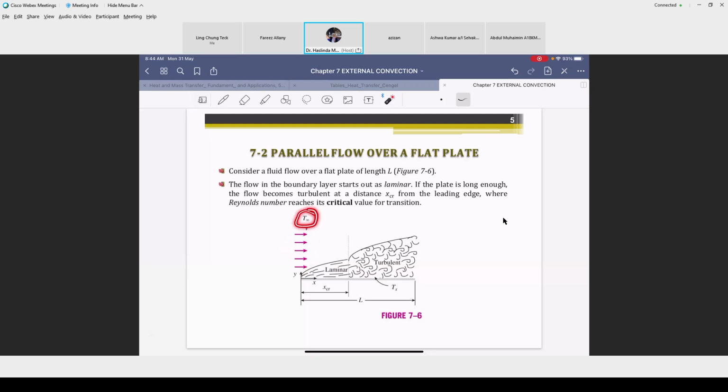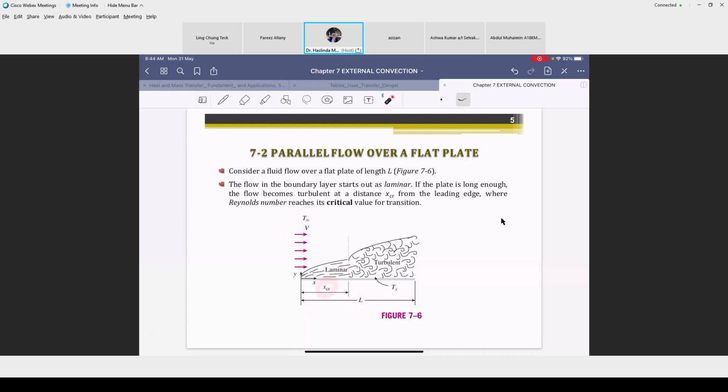And then we also given ataupun we must know the temperature of the flow, the fluid flow. And if you see here, the plate length, we always define it as L ataupun denote it as L. Okay. So now can you see yang ni?